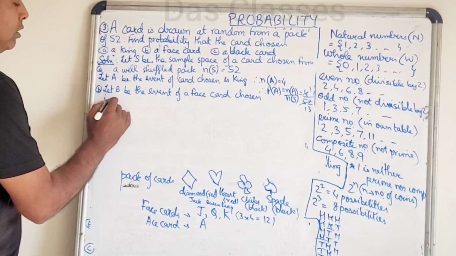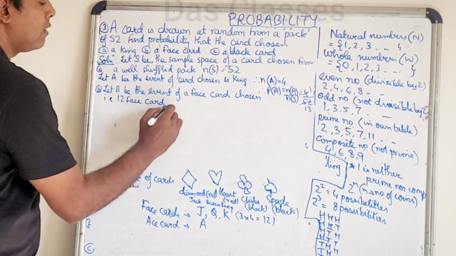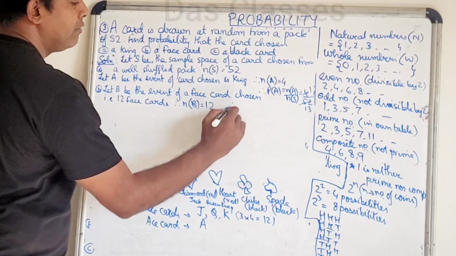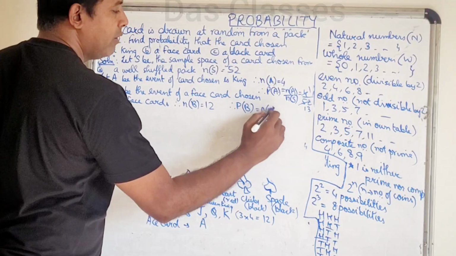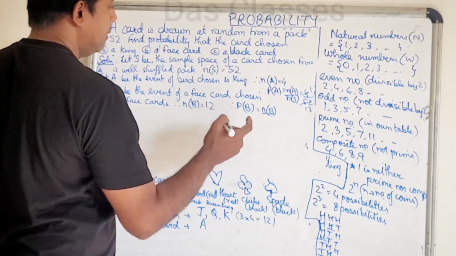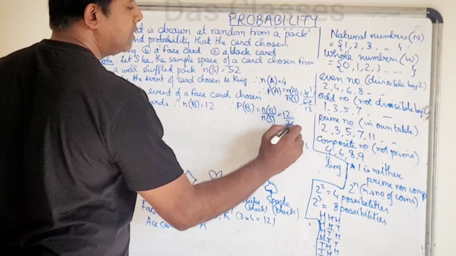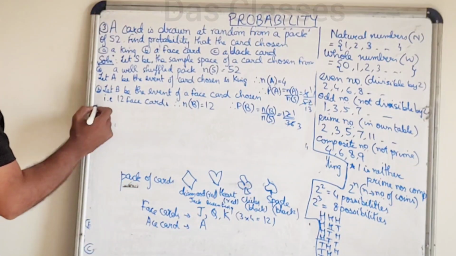That is 12 face cards. Therefore, you will write NB would be equal to 12. Therefore, probability of B would be equal to NB, number of elements in B upon number of sample space. So that is going to be 12 upon 52. 12 ones are 12, 12 threes are 36. The answer is going to be 3 upon 13.